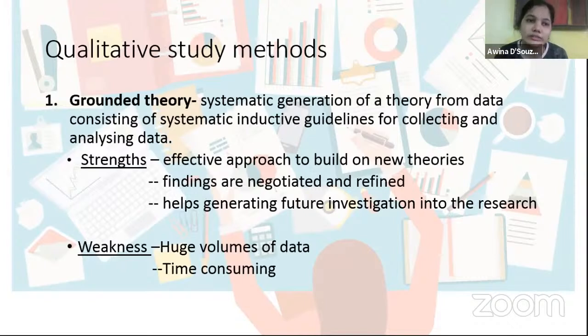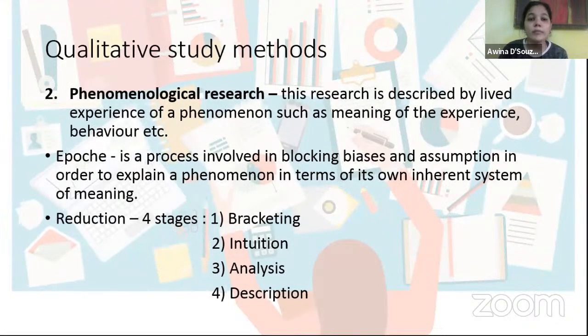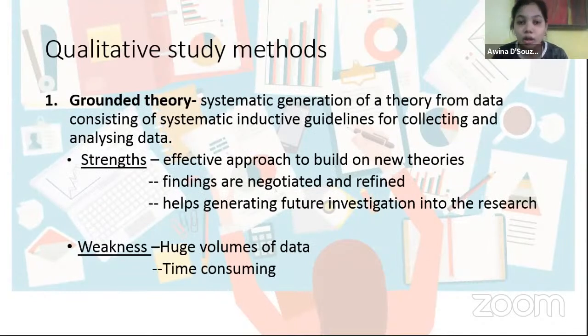Now coming to qualitative study, as I told you, qualitative is based on the way it is. It's more of an abstract kind of research method. The inclusion of qualitative study includes grounded theory, phenomenological research, and the Delphi method. Now coming to grounded theory.